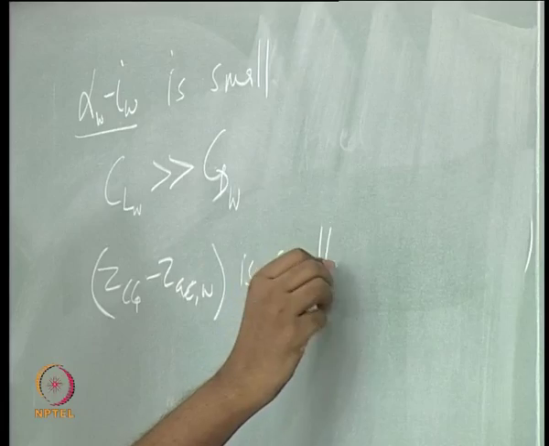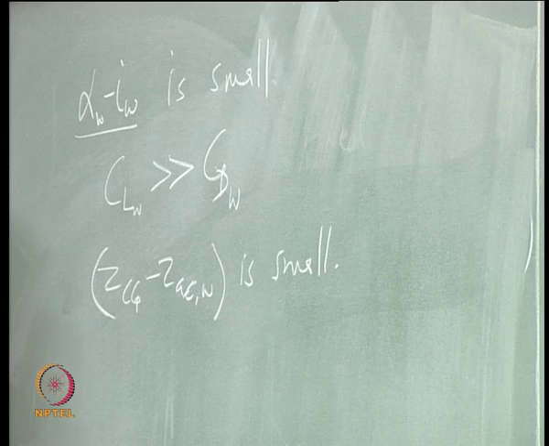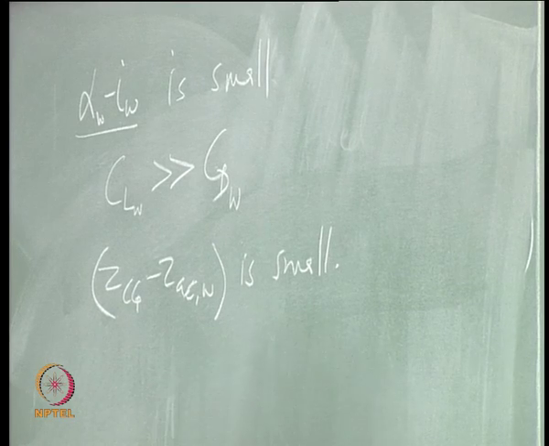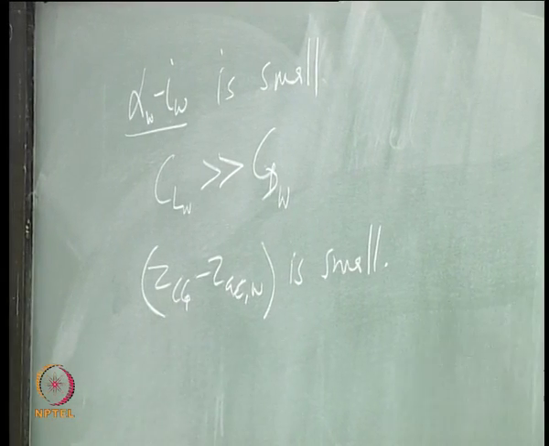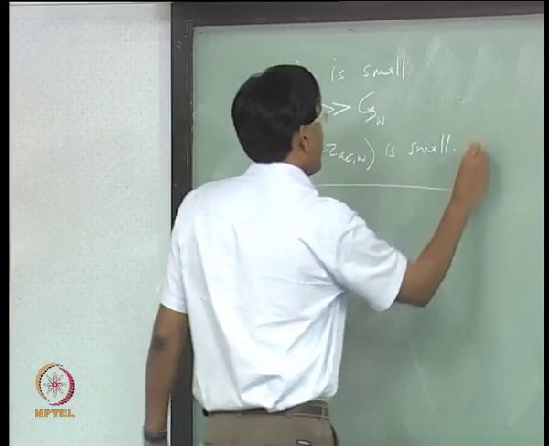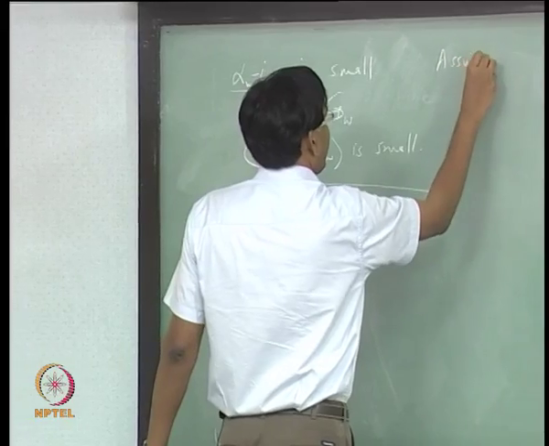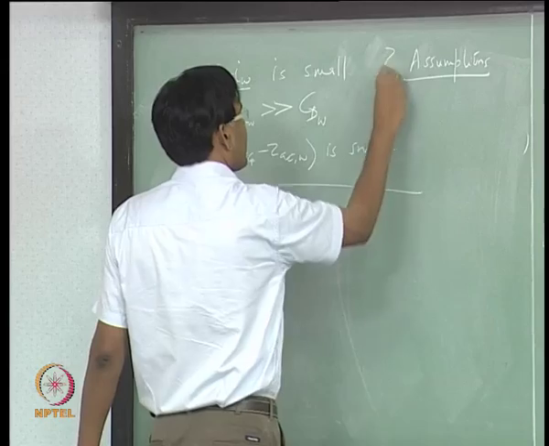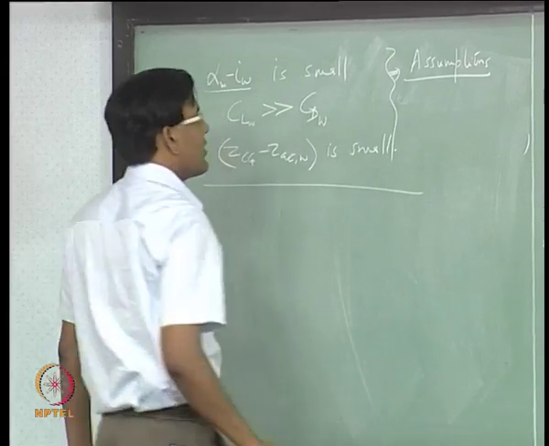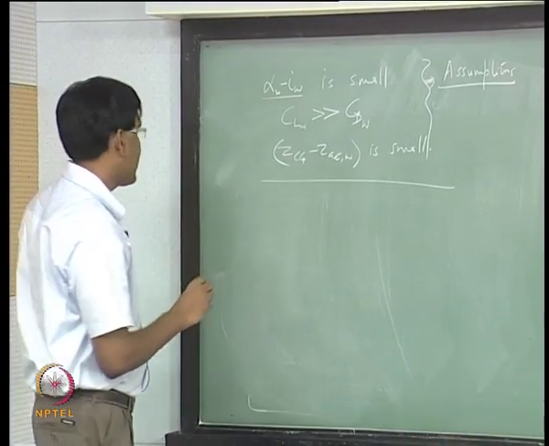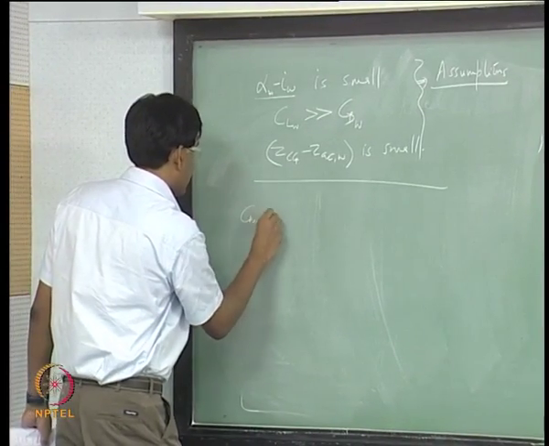But in general, if these are not valid, then we have to retain all the terms as they are in that equation. So, these are the assumptions that we are making to simplify that expression for Cm.